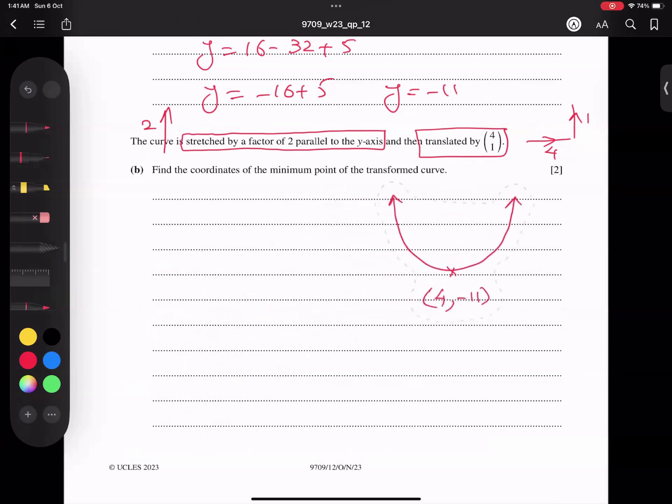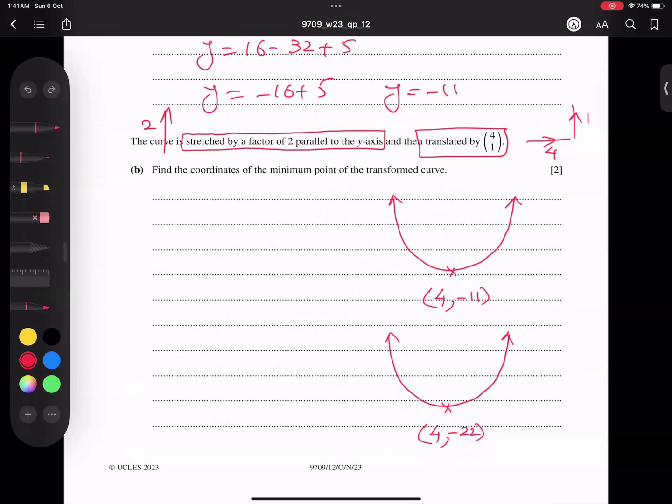If I show this point, because it's below the x-axis, it will stretch downwards. So I get another point here, and this y coordinate becomes double, so I get negative 22.